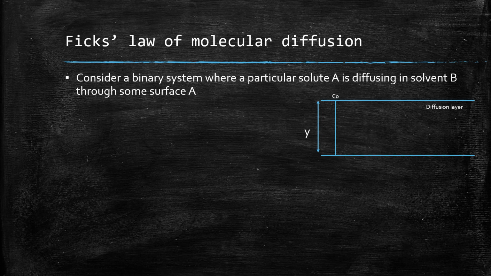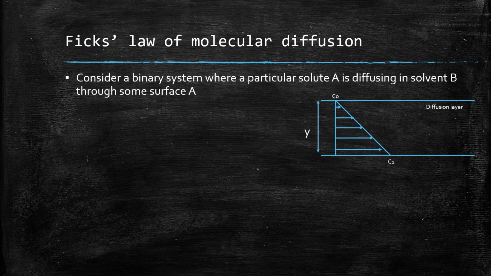Now there was some solute A and that is diffusing in solvent B. So at the initial point the solute was not there, and now suddenly you see this is basically the diffusion layer. The thing that we are looking at here, the two lines, this is the diffusion layer. One would be the concentration of A and another would be the concentration at liquid.